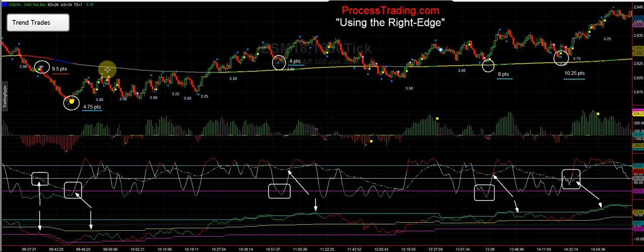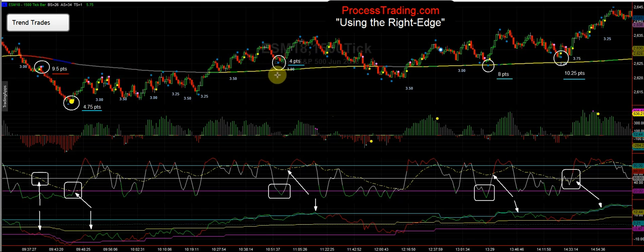If it's gray and you're going to go short, it has to be preceded somewhere with a red segment. If you're going to go long, there has to be a green segment within the bar that gives you the indication. So that's the basic premise.